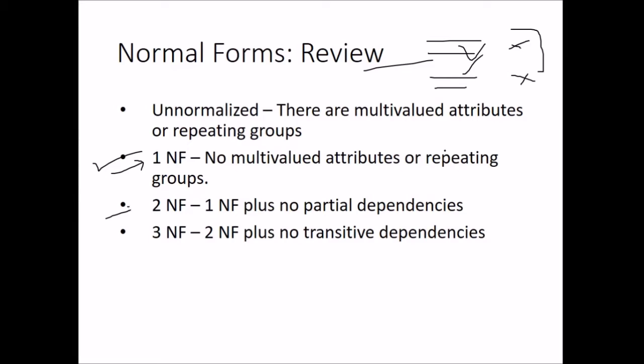And with this, if we add one more feature, that we have no partial dependencies now, apart from having no repeating groups, then we say that our database was in 1NF, now it has the quality of 2NF also. It is in second normal form.